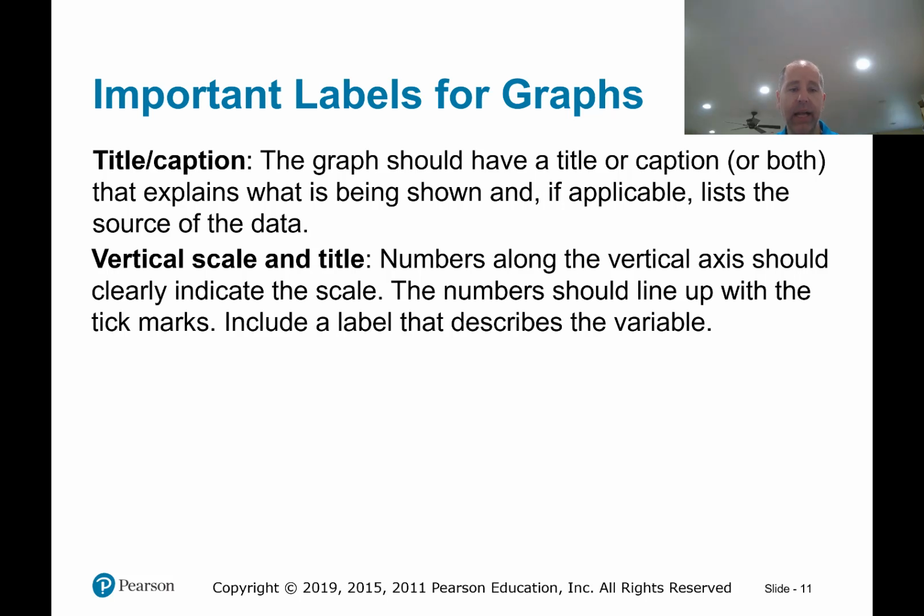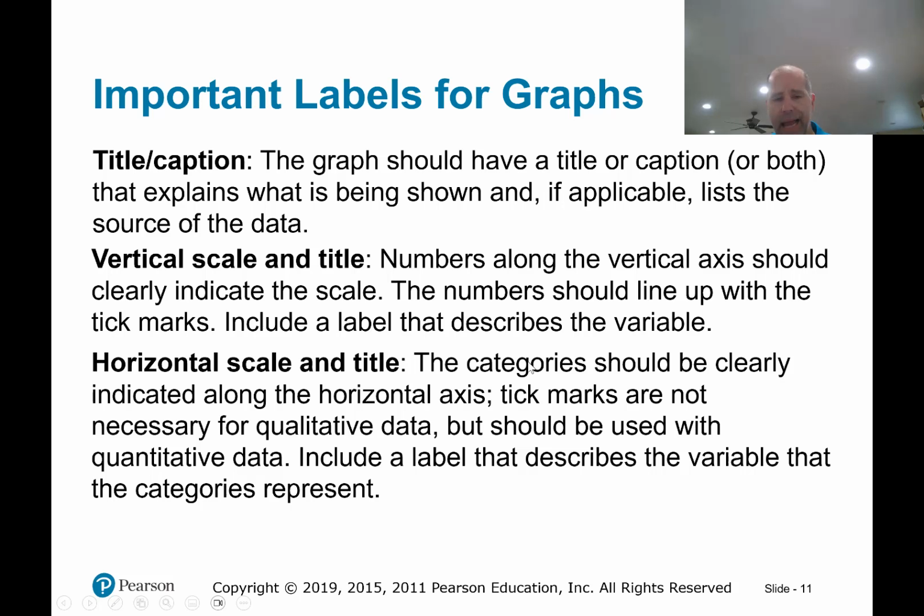Vertical scale and title. You should have your vertical axis titled, and it should have a scale on there so your audience knows what the tick marks mean and what the scale is.